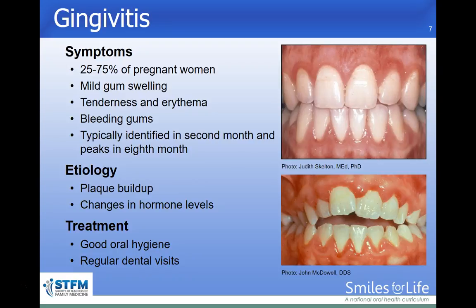So what are the causes? Usually it is triggered by plaque buildup from poor oral hygiene, and that is what triggers the inflammation. Changes in hormone levels also occur as a result of puberty, pregnancy, and diabetes. And these modify the gingival response to plaque, resulting in increased gingivitis.